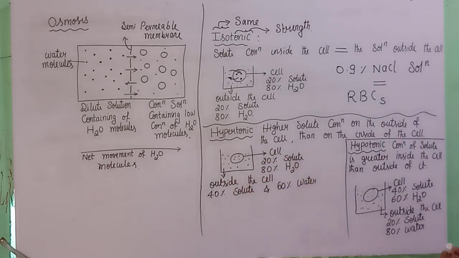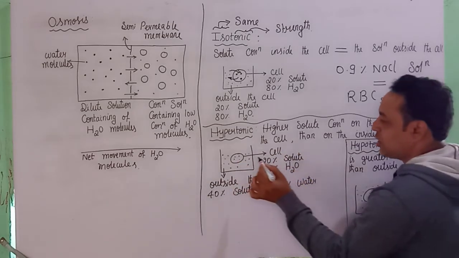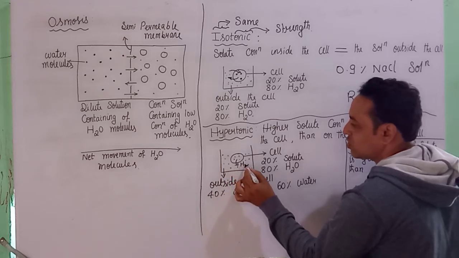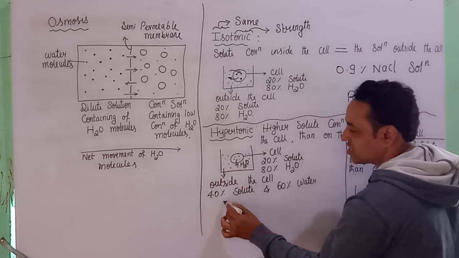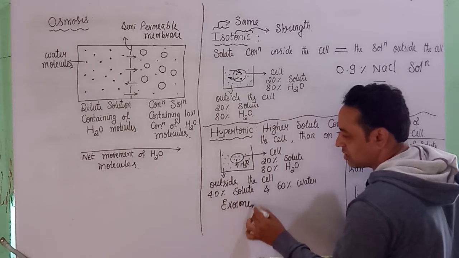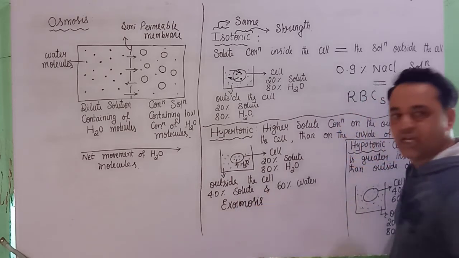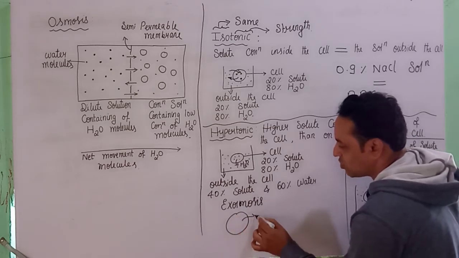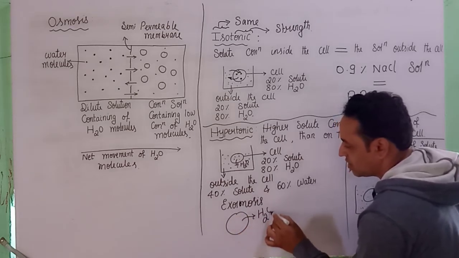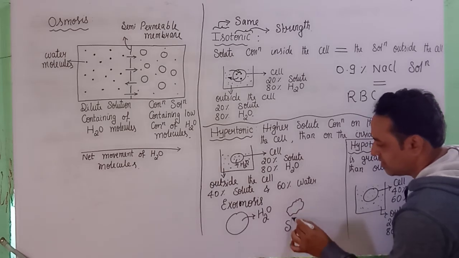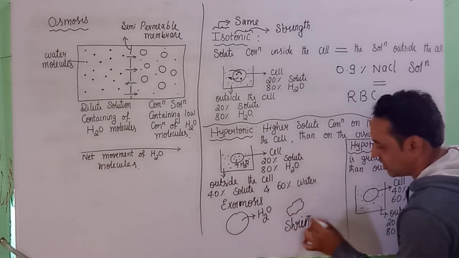So here, the water molecules from the cell come out by a process called exosmosis. Because of the exosmosis, the cell shrinks.